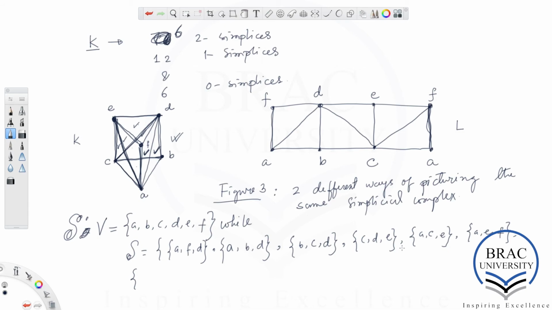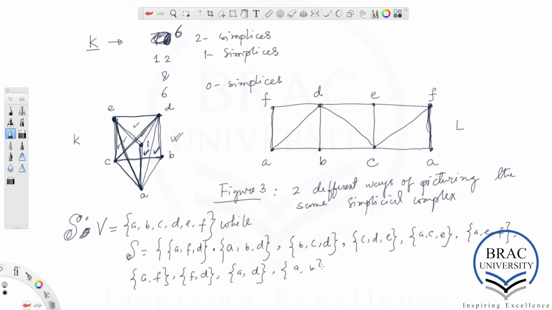Now let us list the 1 simplices. There are 12 such 1 simplices. AF, FD, AD. These are the 1 simplices.